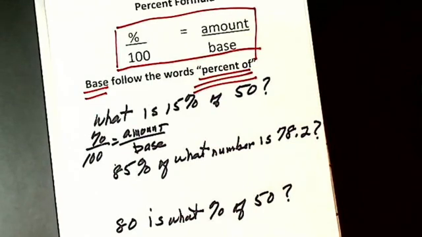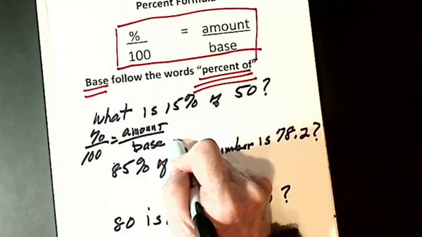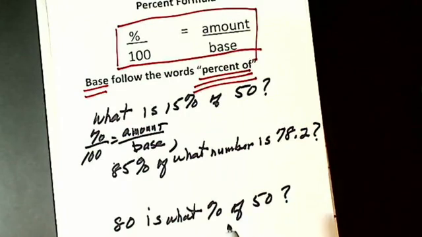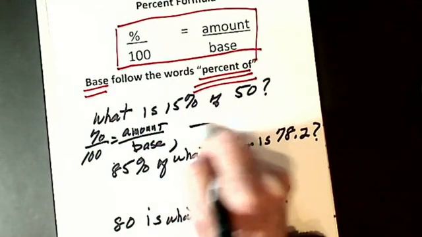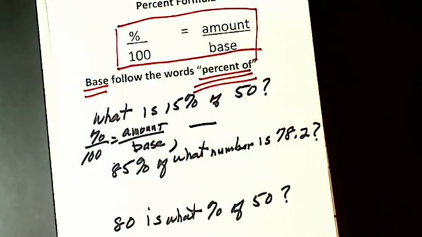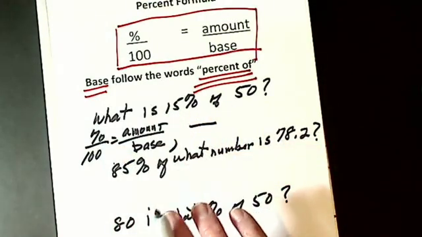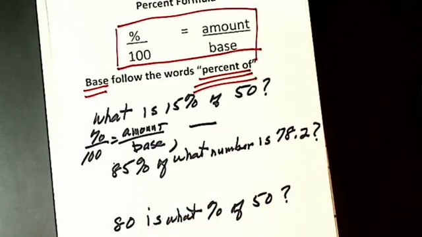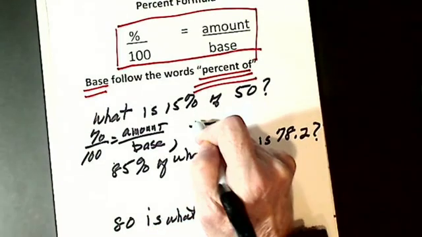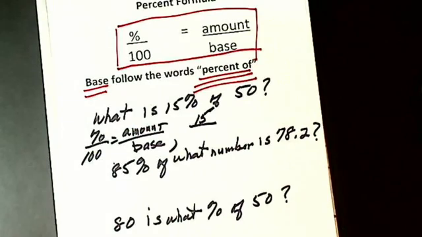So now I just got to fill in my 4 spots, and if you remember how to solve proportions, you'll be fine. First thing you ask is, do I have a percent? I want to fill this in. Yes. If I use the proportion method, I don't have to worry about moving decimal points. So it's just going to be 15. Whatever my number is, it is.